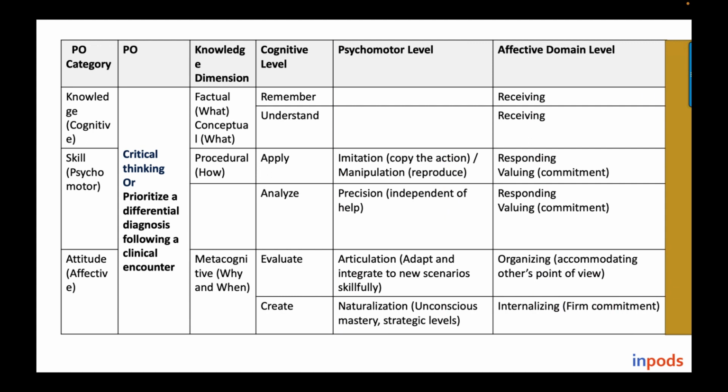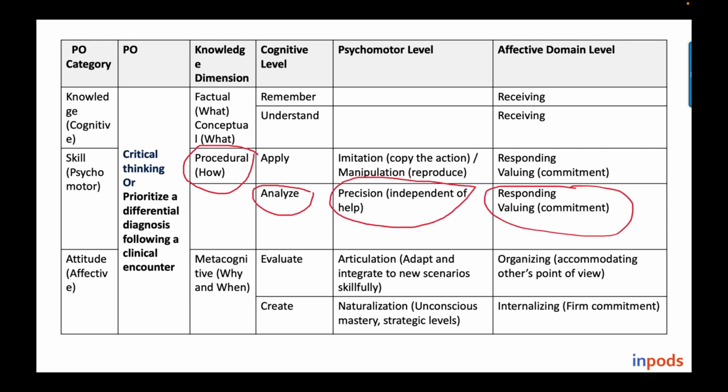So once I am done with my assessment of what I want them to do, I might find a path here, that this is my expectation, right? Critical thinking, procedural, I want them to go to procedural. I want them to achieve the analyze level of cognitive level. They should be able to do it precisely, and they should be able to reach a level of valuing their own commitment to always achieve those goals given by me here.